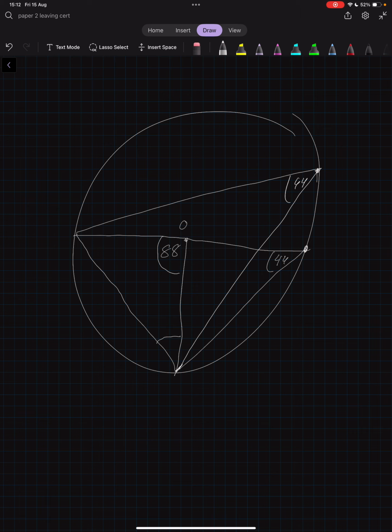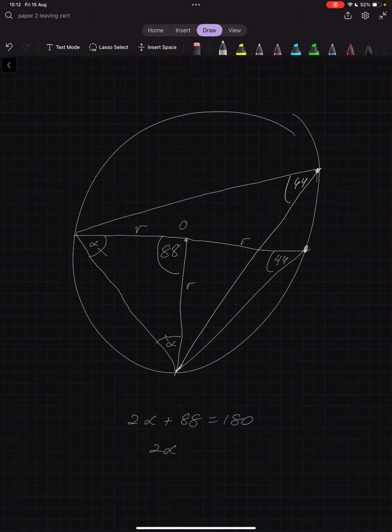You would say, well, this is an isosceles triangle. That's another thing that's very important to remember. All of these are just radii. And so basically, these two angles are the same. And so let's say the angle's alpha. That means alpha plus alpha, so 2 alpha, plus 88 has to be 180.